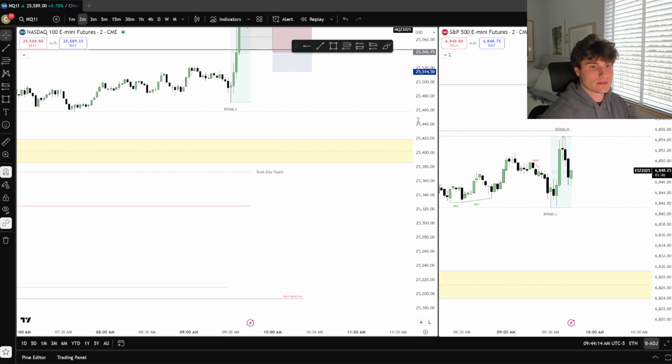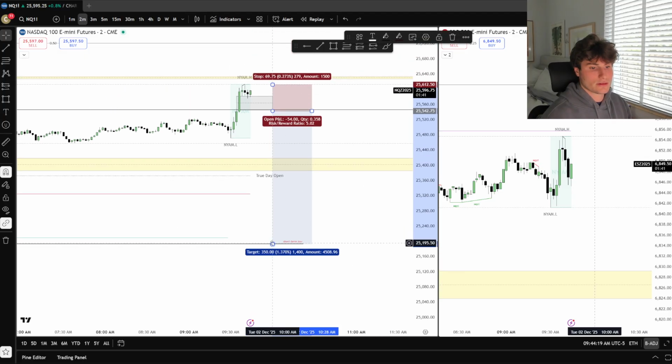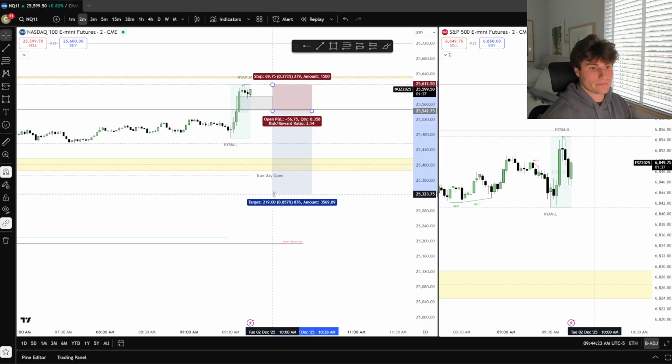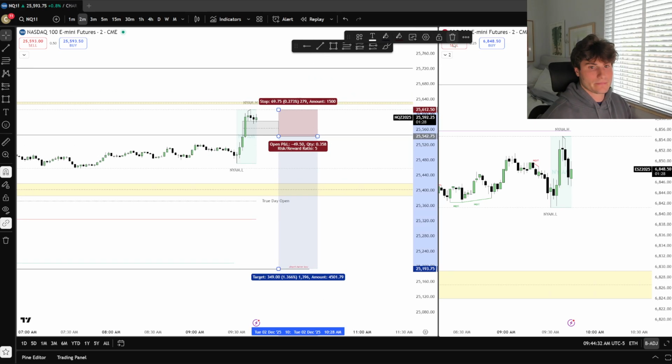Looks something like this, and then TP would go short-term low or London low, and like partial there. Let's see.